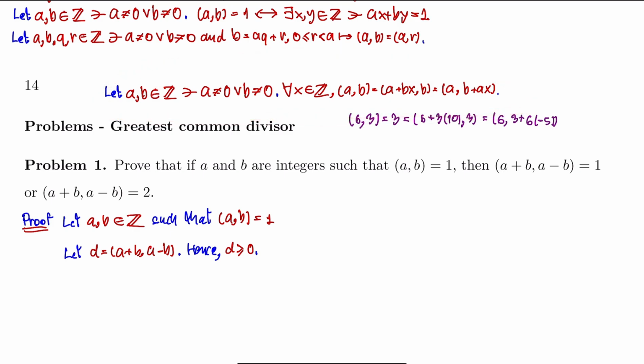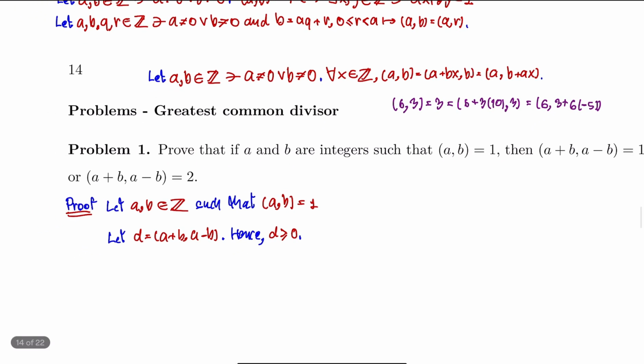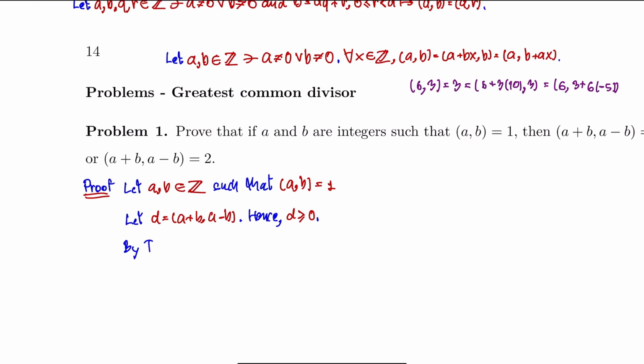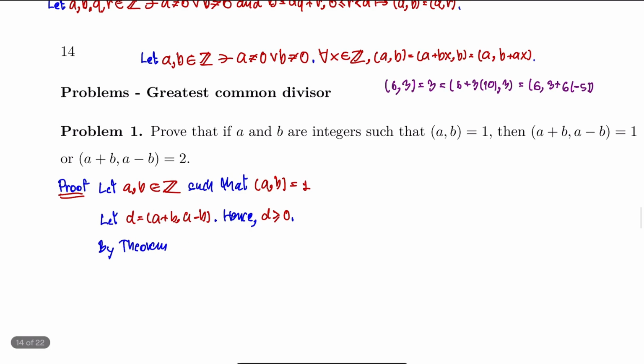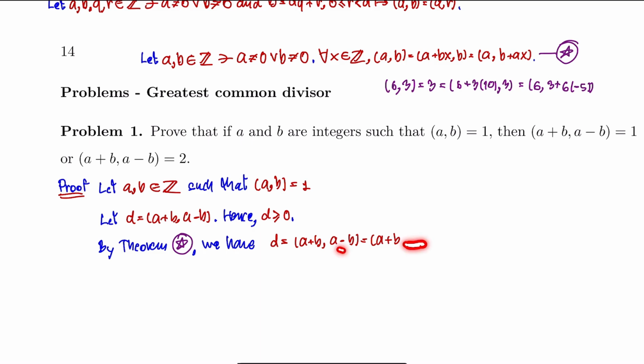So what do we have right now? By theorem, I will call this theorem star. So by theorem star, we have d equal to the greatest common divisor of a plus b and a minus b, and I want to add to the first number an integer times a minus b.